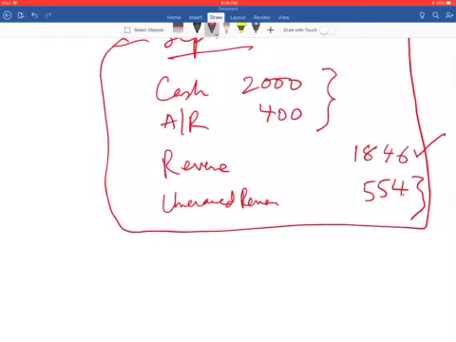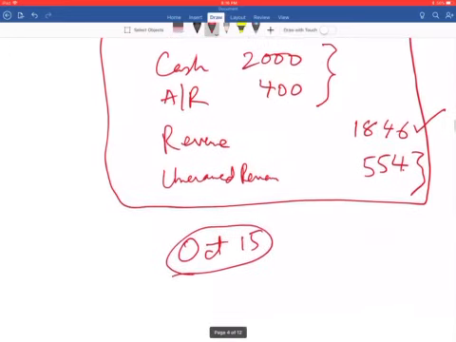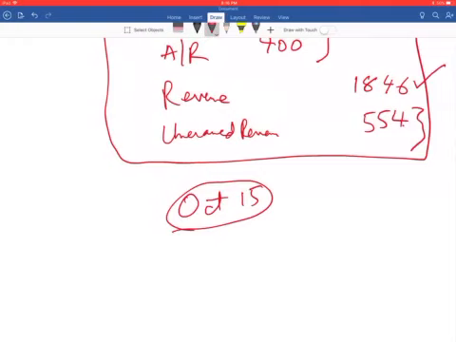And then comes October 15th. On October 15th, cash is going to come in for $400, and accounts receivable is going to be credited for $400.